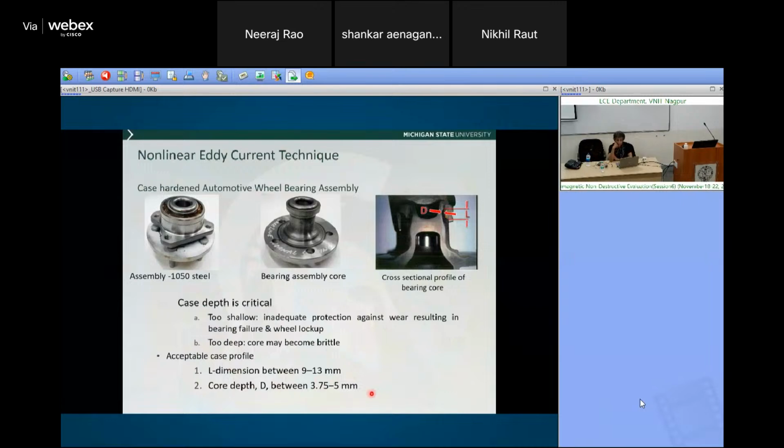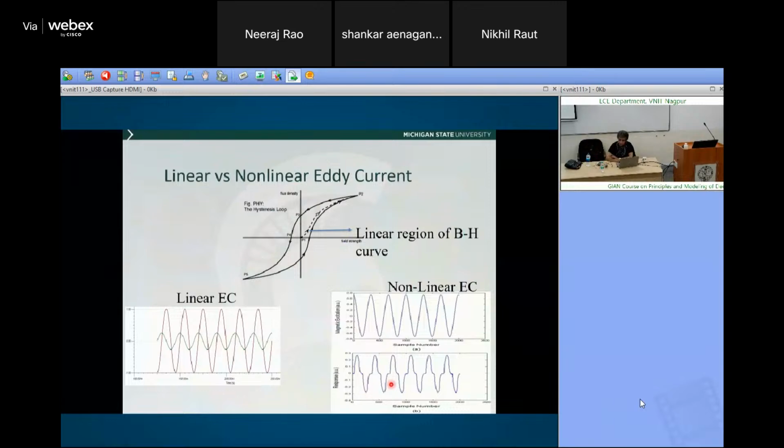Yes, 1.25 mm. We don't scan the entire range. Once we get a signal like this, at one point we get a signal like this.